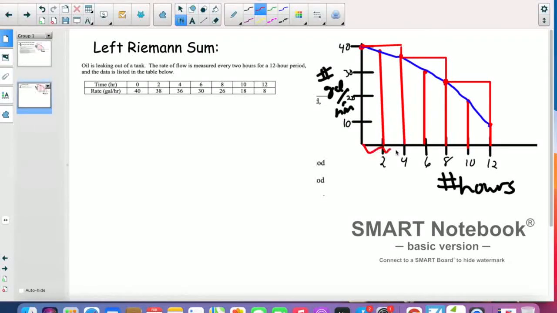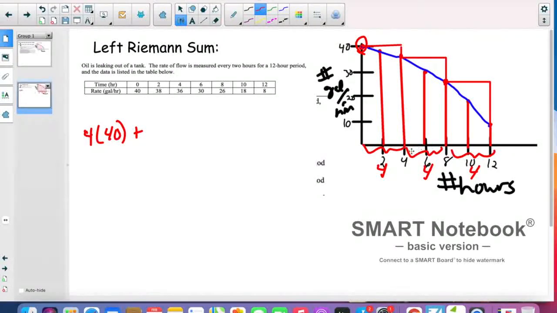Notice the width of each of these rectangles is going to be 4. To get the area of this rectangle, we're going to use the width of 4 and the height of the rectangle, which would be at 40. So for the first rectangle, the area is 4 times 40, plus the area of the second rectangle.